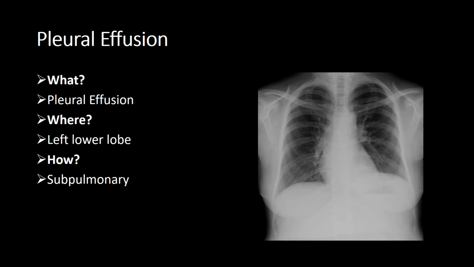But the real clue is the location of the air bubble within the gastric fundus. That should be just inferior to the left hemidiaphragm. And therefore, this means if we can't see the left hemidiaphragm, there has to be fluid collecting in the left lower lobe. So what is it? It's a pleural effusion. Where? Left lower lobe. How? Subpulmonary.